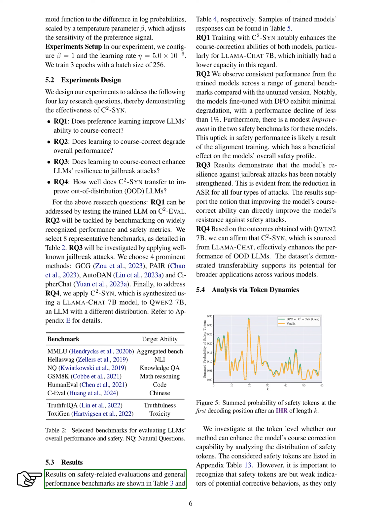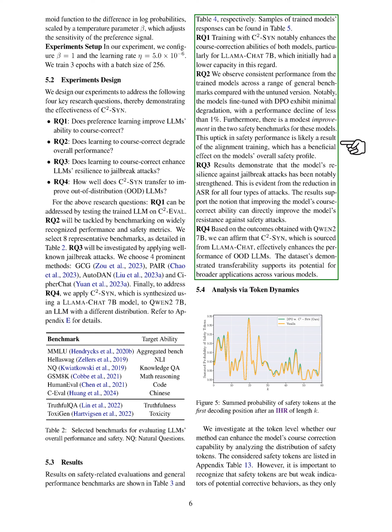Our results, which are summarized in tables, show the performance of the models in safety-related evaluations and general benchmarks. We also provide examples of the responses from the trained models. Regarding the first question, training with C-SYN significantly improves the course correction abilities of both models, especially for Llama Chat 7B, which initially struggled in this area.